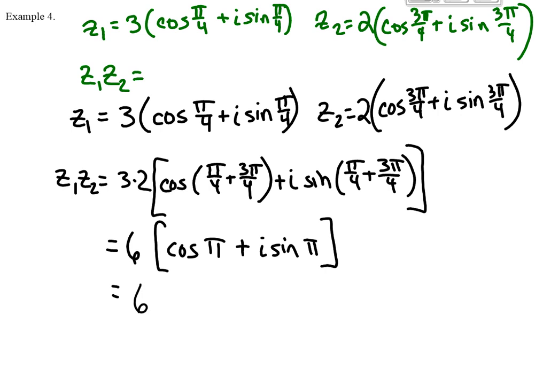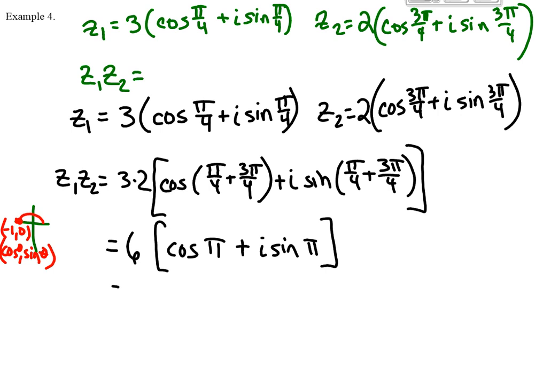And then we have 6. When we think of the cosine of pi, pi would be over here, and if you put a point there, that would be (-1, 0). That's cosine theta, sine theta. And so the cosine of pi is -1, and the sine of pi is 0.